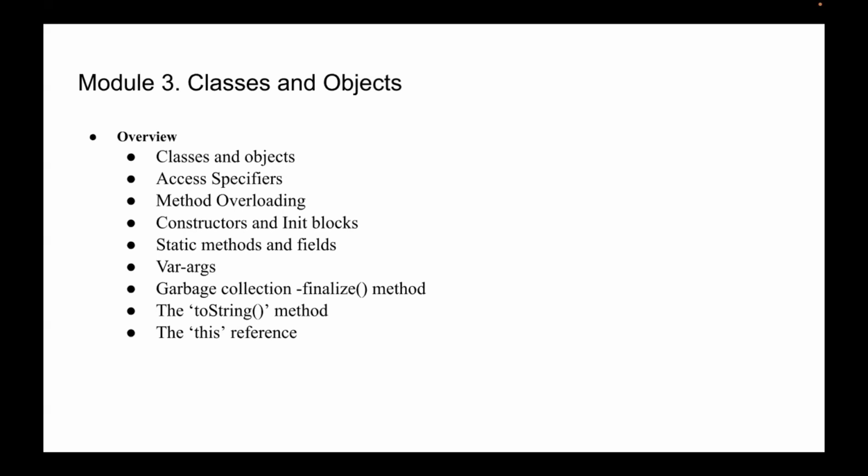So objects are your real world entities. When I say real world entities, it's a car, you can say a library, you can say a school. These are your objects or real world entities, and they have some behaviors. A car has some behavior, a student has some behavior, and so on.